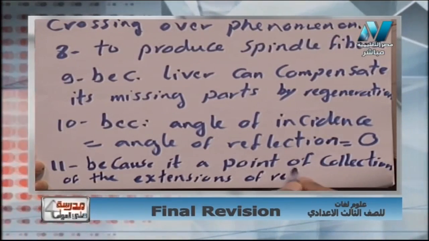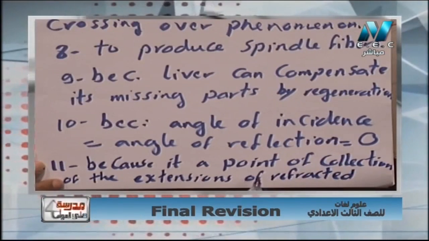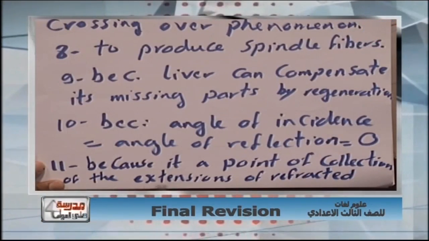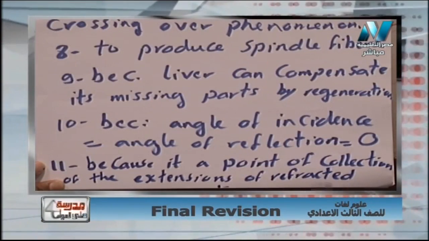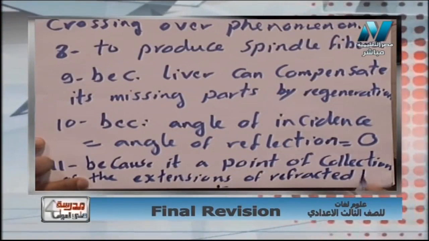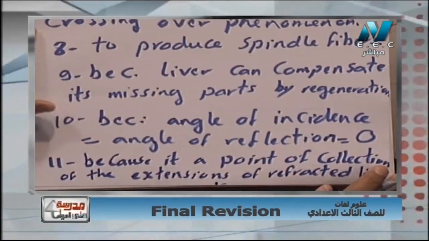So refracted, when he says virtual, so extension, point of collection, extensions. Lens, so it is refracted, extension of refracted light rays. Again, concave lens has virtual focus because it is a point of collection of the extensions of refracted light rays.